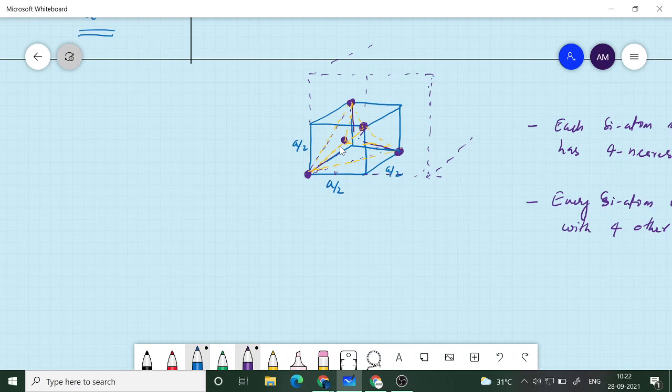So this center atom will basically create an sp3 hybridization. Let me just draw that. So sp3 hybridization like this.